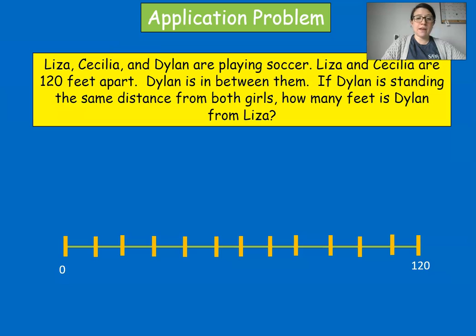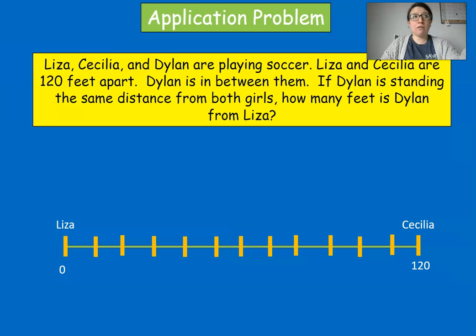Okay, so once you have that number line on there, let's start figuring it out. We have Liza on one end, Cecilia on the other. What we want to do is figure out what that middle point is going to be. Now, what I'm thinking is I know 120. Another way to think of that is as just 12.